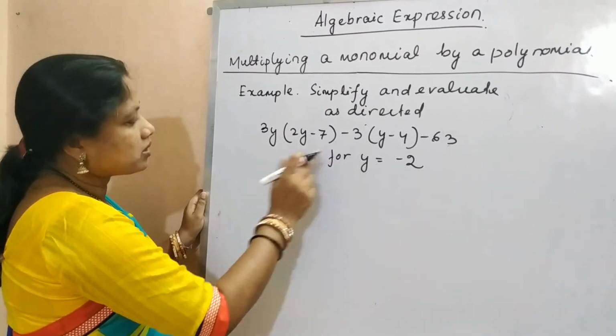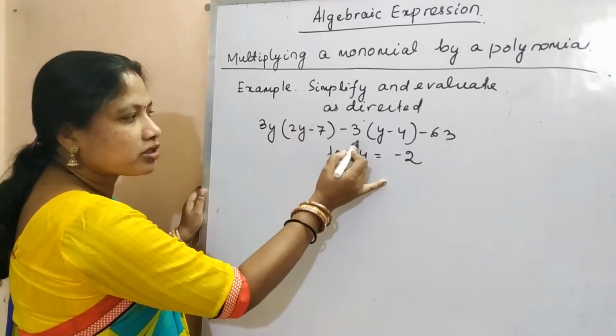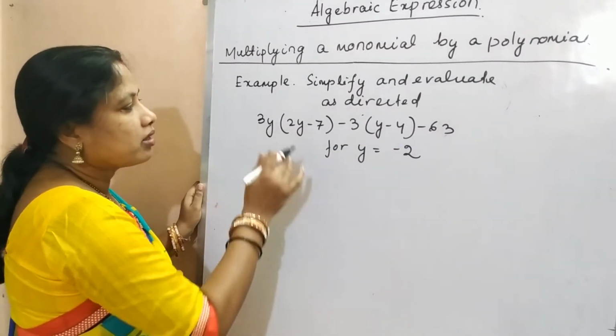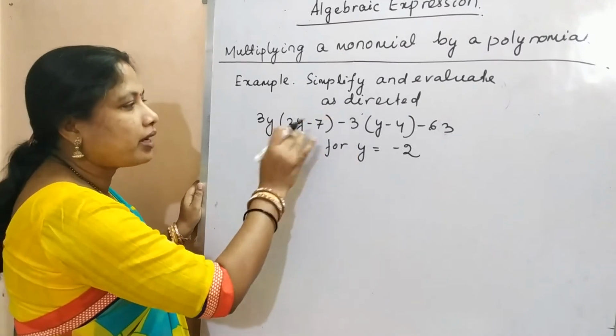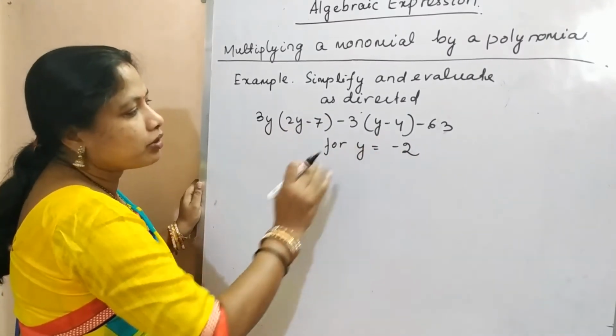Next example is simplify and evaluate as directed. So our expression is 3y multiplied with 2y minus 7 minus 3 multiplied with y minus 4 minus 63. First we have to simplify this expression, then we will put the value y is equal to minus 2.